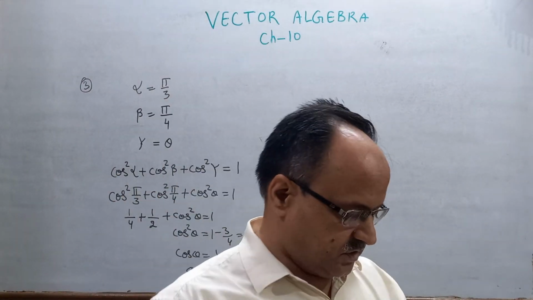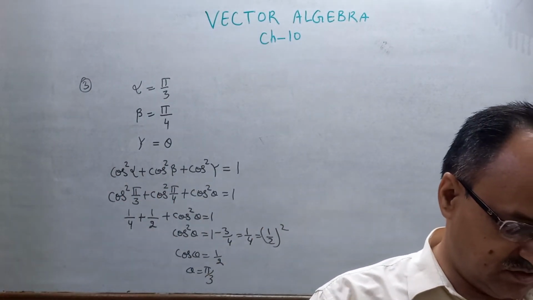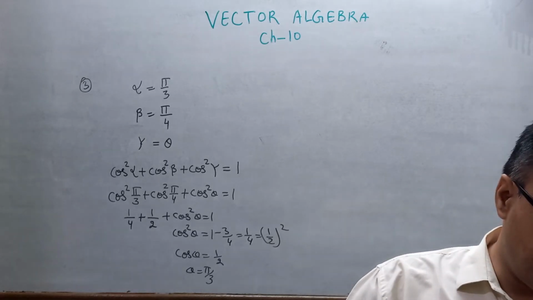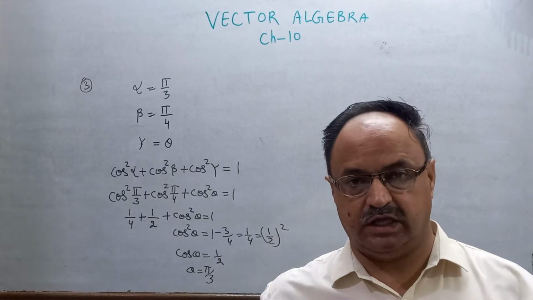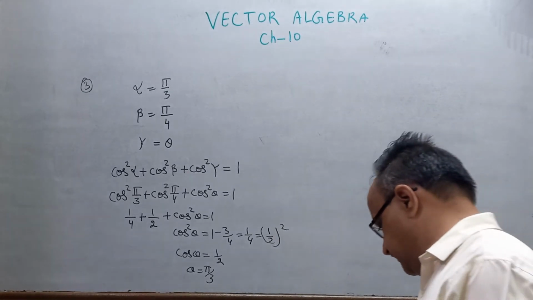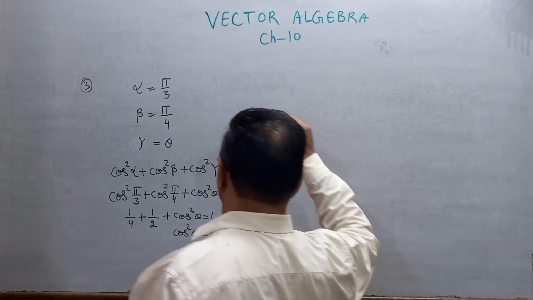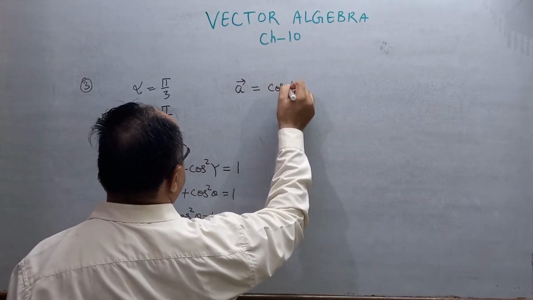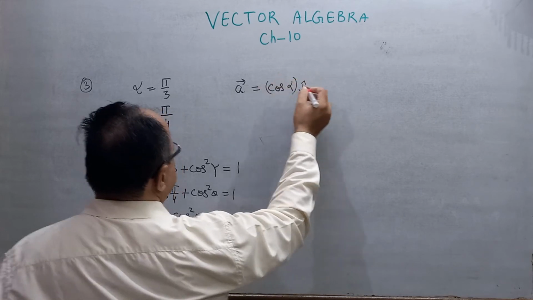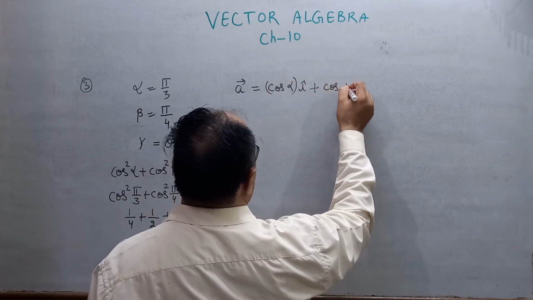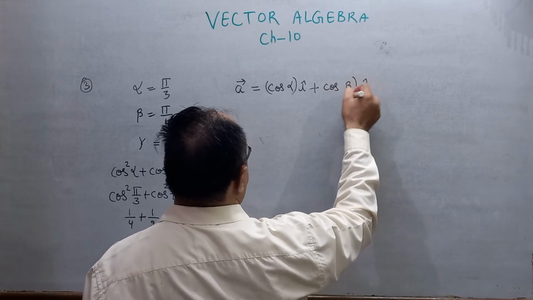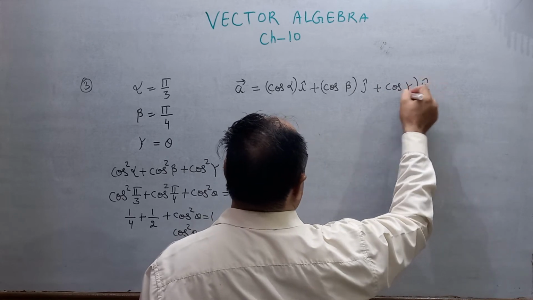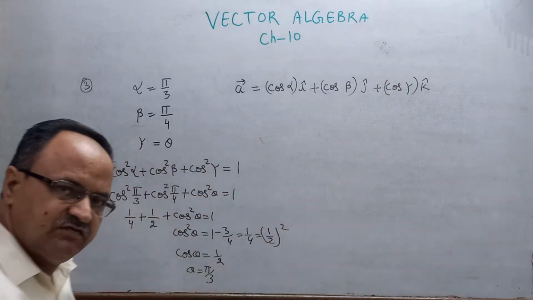Clear? And after that you want to find the component of vector A. It is a unit vector, and for a unit vector you know A is equal to cos alpha I cap plus cos beta j cap plus cos gamma k cap.